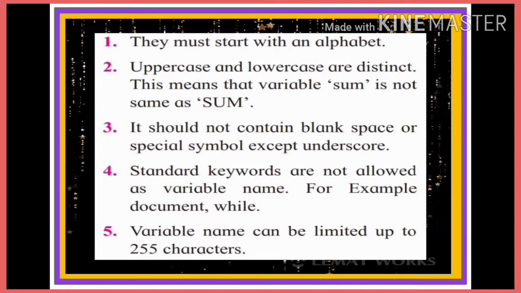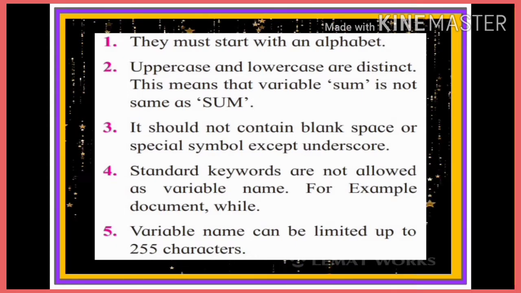Which rules? The rules are they must start with an alphabet. Uppercase and lowercase are distinct. This means that variable SUM written in small letters is not same as SUM variable written in capital letters. Third rule is it should not contain blank spaces or special symbol except underscore.